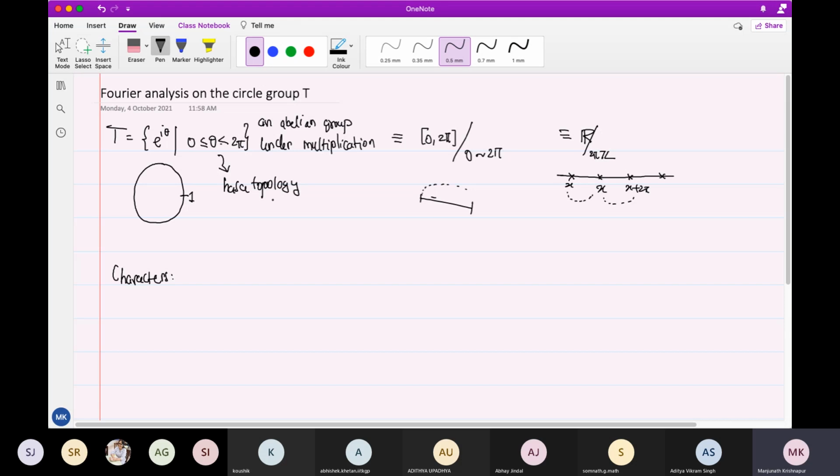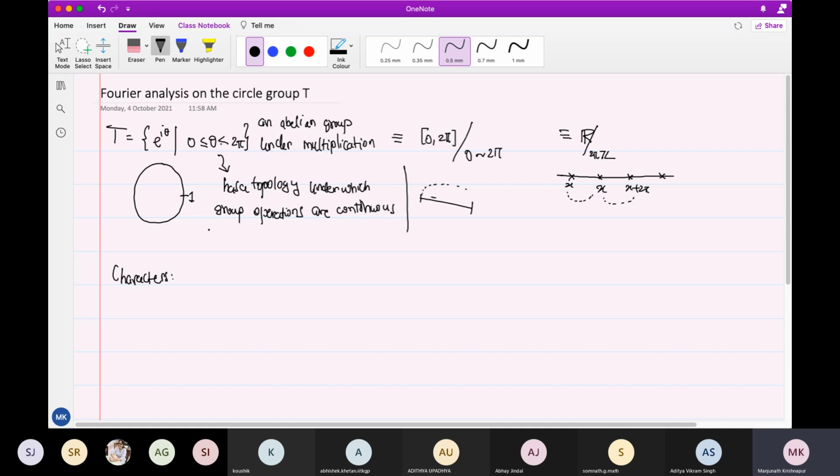But there's something about this topology. It is a topology under which group operations are continuous. Of course, we take it for granted. That's obvious. What do I mean by group operations are continuous?